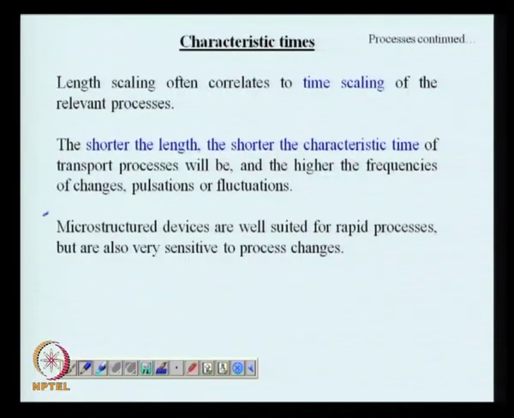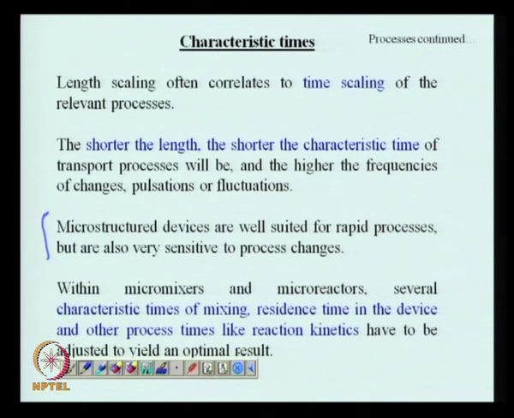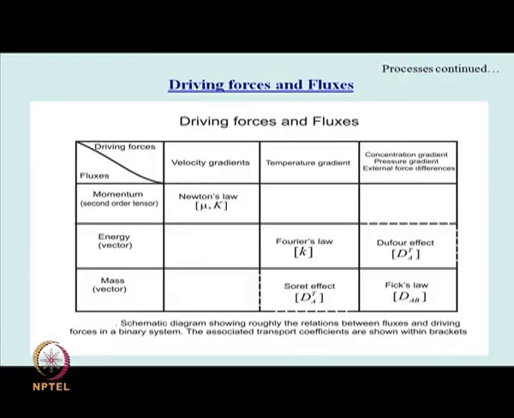So, the microstructure devices are well suited for rapid processes, but they are also quite sensitive to any change in the process conditions. So, this has to be kept in mind as well. At the same time, we may have several characteristic times of mixing, of residence time in the device, and one has to adjust the other processes to yield an optimum result.